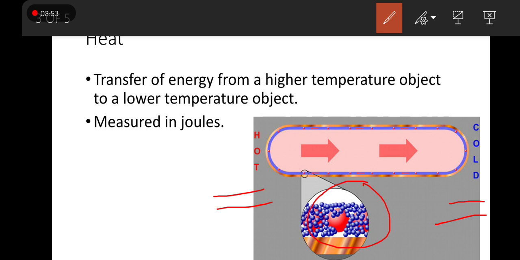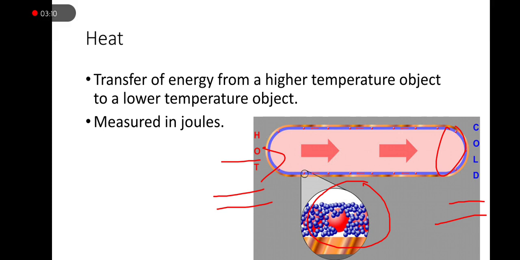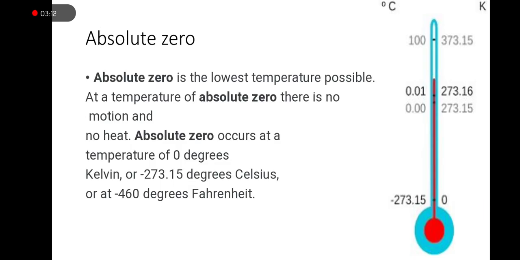When we give heat to this side, all the particles will start to vibrate, and then they will pass heat energy from this point to this point. This is heat, and it is measured in joules.